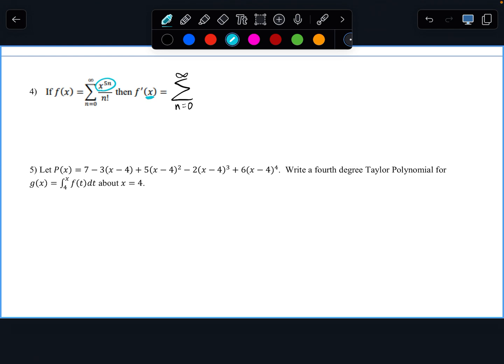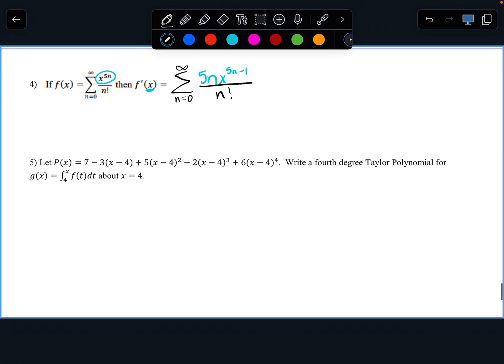So if you took a derivative, you would bring down the power and subtract 1, right? And there you go. Isn't that pretty? See, that one's cute. Yeah, it does look scarier. They didn't ask me for like terms and stuff, so I'm done.